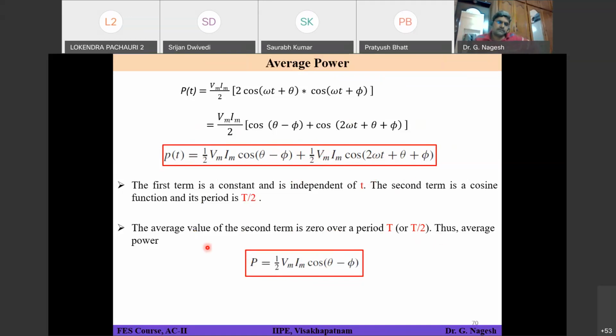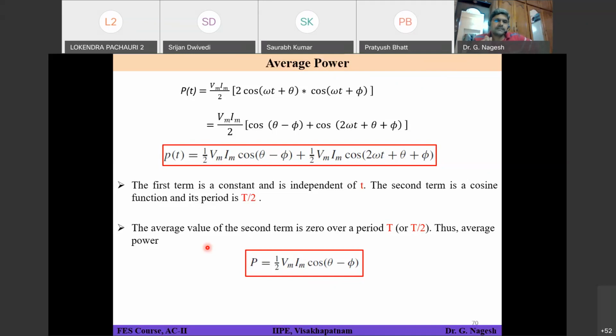That means for any circuit, which may consist of a resistor, inductor, and capacitor in any combination, I am taking the voltage delivered into the circuit from the source, a general expression cos of omega t plus theta, and a general expression for the current flowing into the circuit. I calculated P of t, the instantaneous power, and then integrated over one time period.